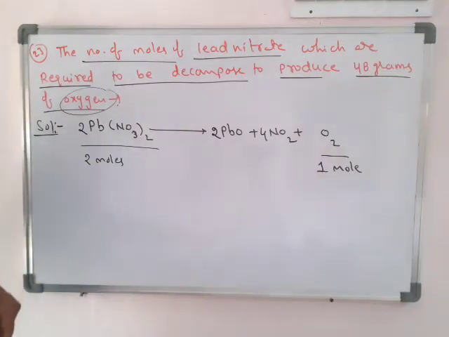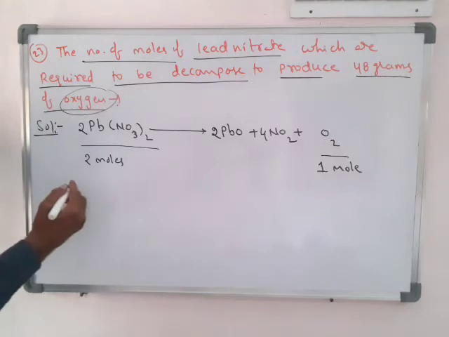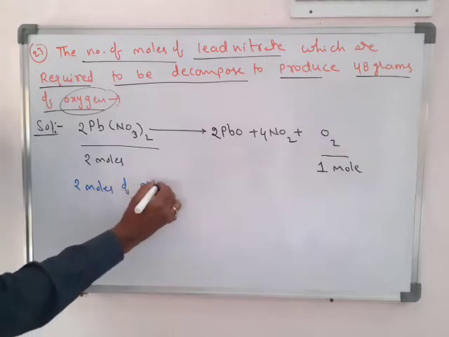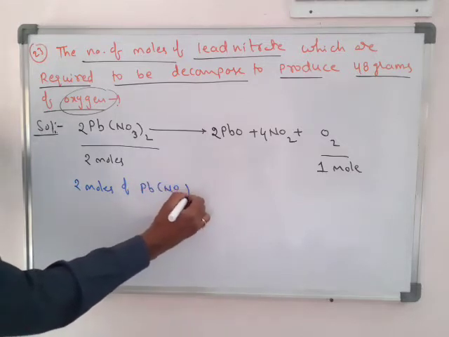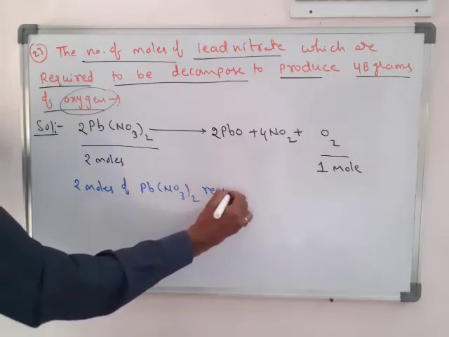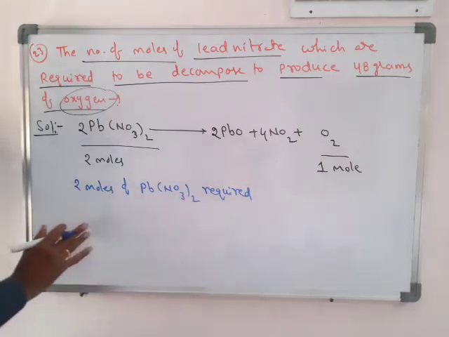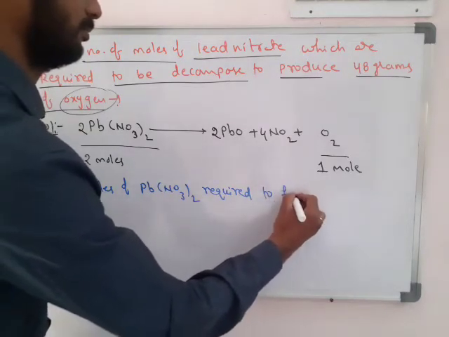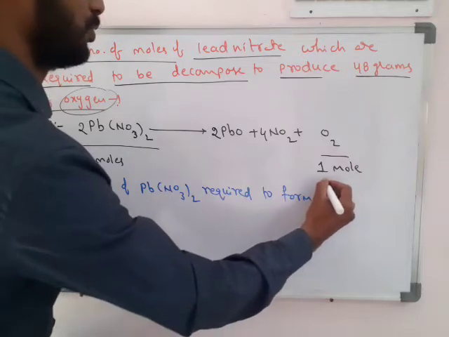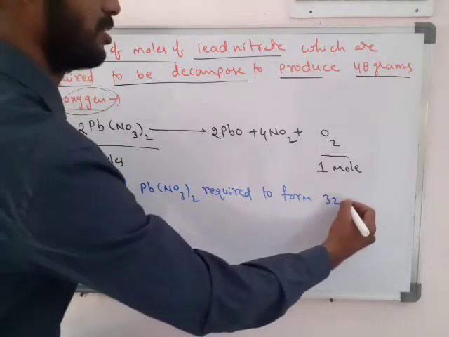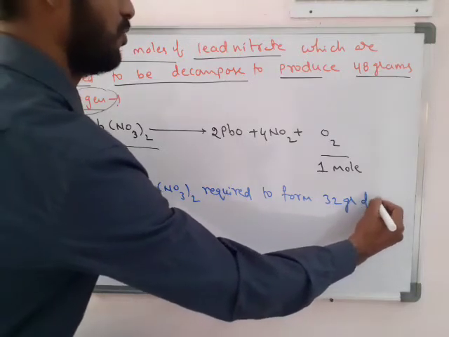So we can write a step here: 2 moles of lead nitrate are required to produce 1 mole, which should be in terms of molecular mass in grams, so 32 grams of oxygen.